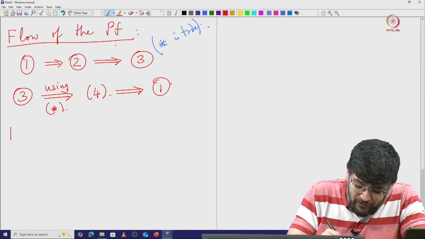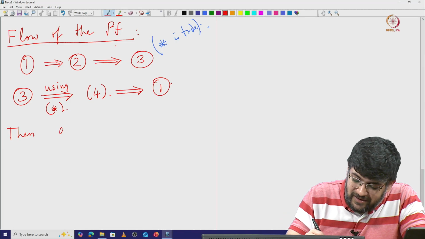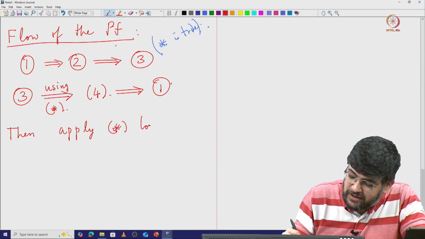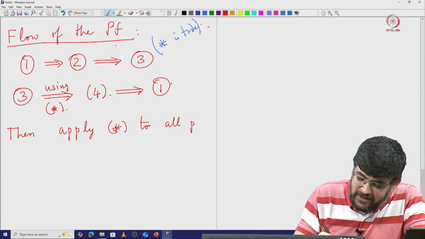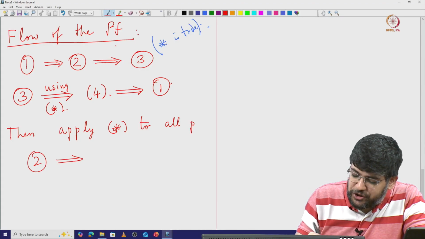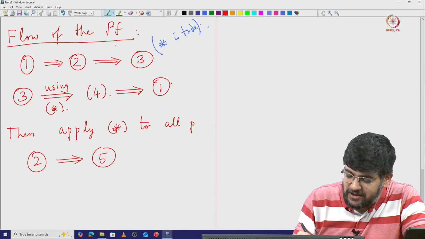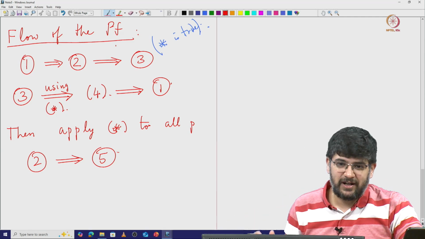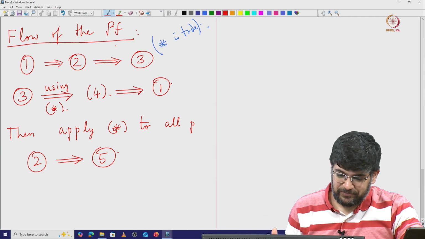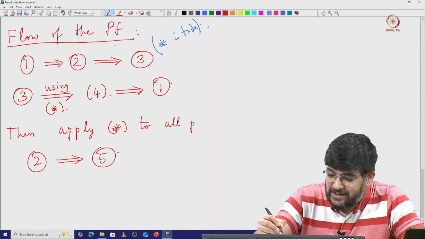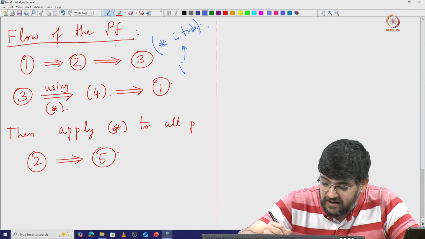And then finally, apply star to all points P. This will imply that 2, geodesic completeness, implies property number 5, and so then I'll be done. As I was saying, this is really the hard part.